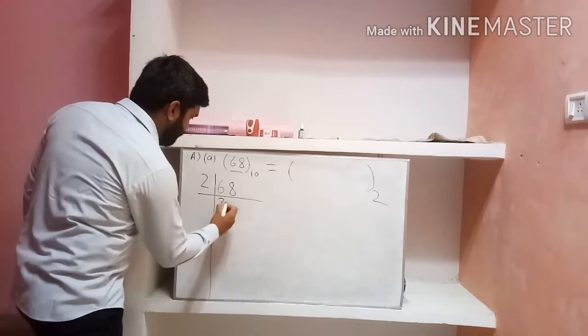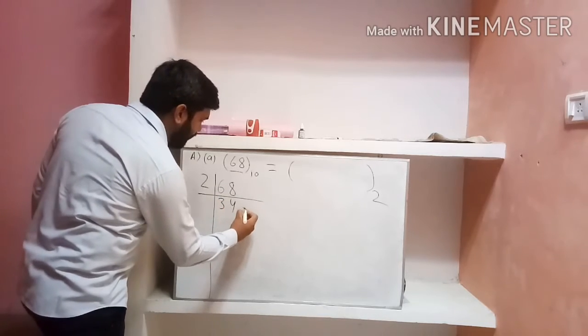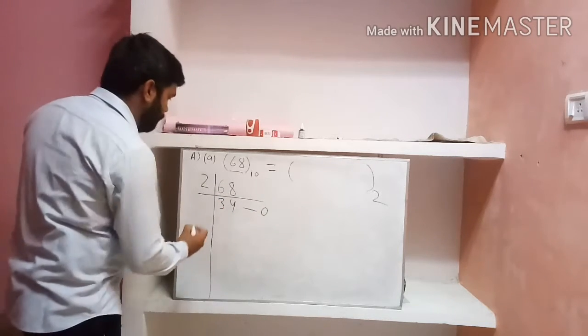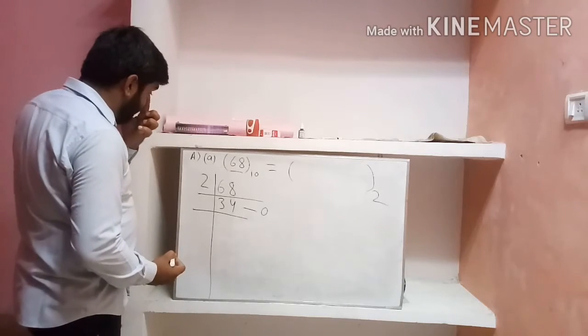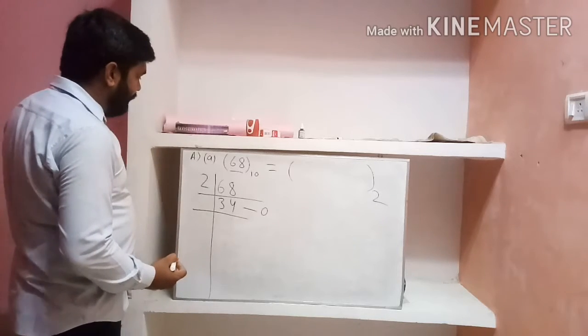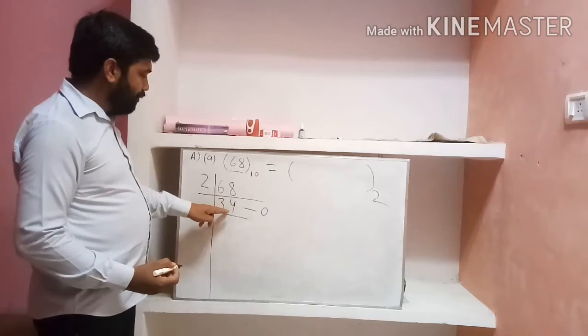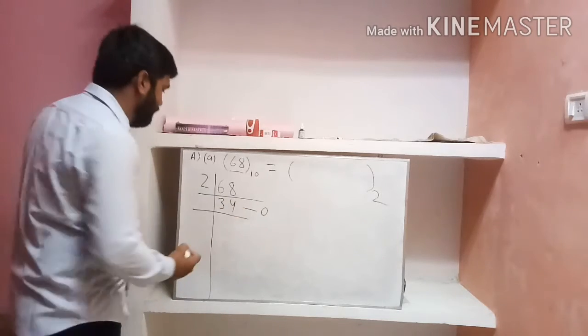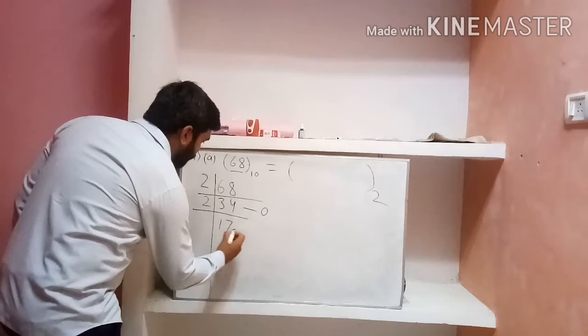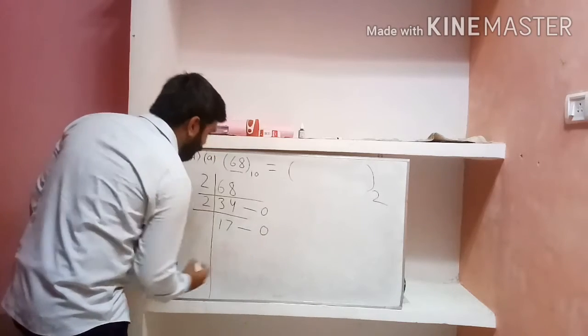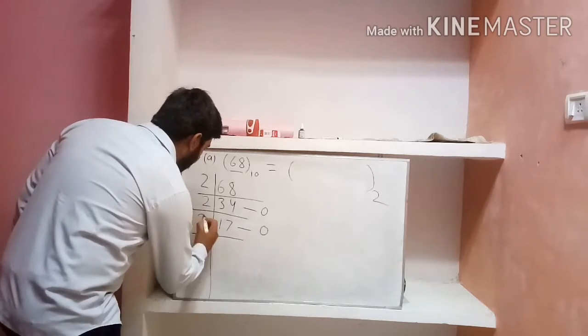2 3s are 6, 2 4s are 8. What is the remainder? 0. Next, again you divide. When I divided this number, I got the quotient here and the remainder here. Now again divide by 2. 2 17s are 34. Again you got the remainder 0. Again divide 17 by 2.